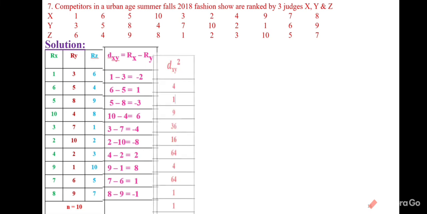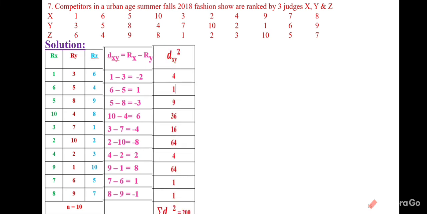Then square: minus 2 square 4, 1 square 1, minus 3 square 9, 6 square 36, 4 square 16, 8 square 64, 2 square 4, 8 square 64, 1 square 1, minus 1 square 1. Sum of all the dxy square values: 4 plus 1 plus 9 plus 36 plus 16 plus 64 plus 4 plus 64 plus 1 plus 1, which is 200.